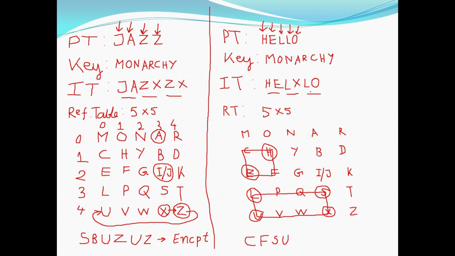And after that the last pair which is LO, and find LO. L is here already marked and O is here. Okay. So generate one rectangle. Sorry, it is getting a little bit confusing as well as congested, so forgive me for that.